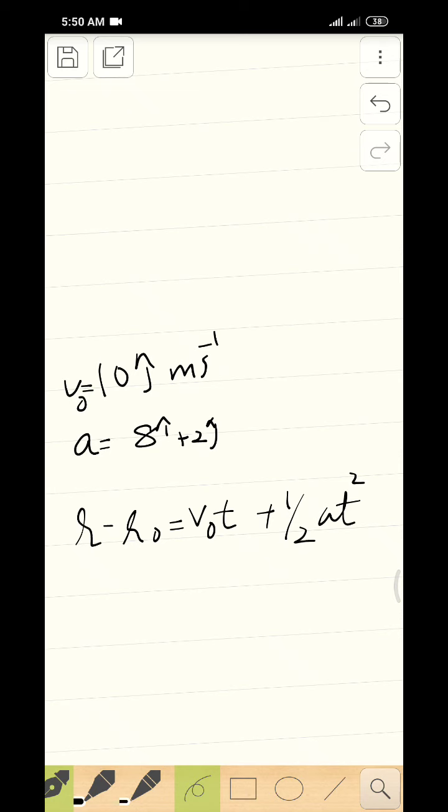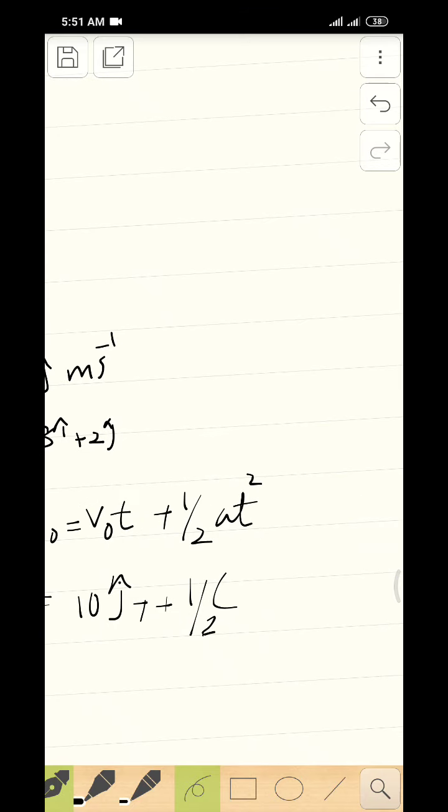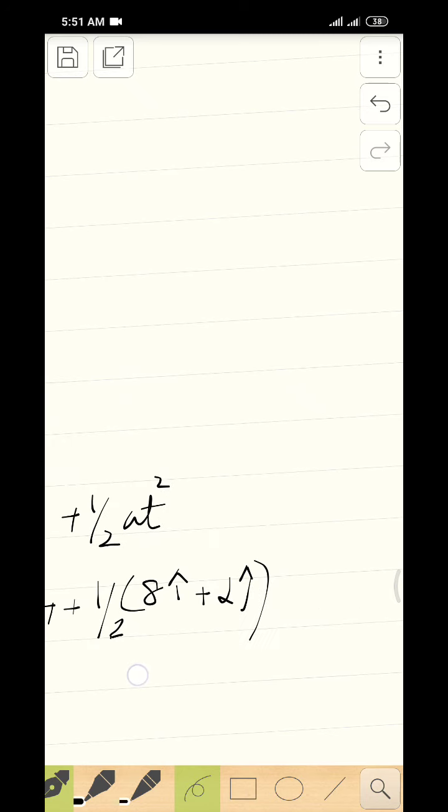So you have to substitute the V0 and a values, and then the vector r will be equal to V0 t, that is 10 j cap t, plus half of the a value, 8 i cap plus 2 j cap, into t square.